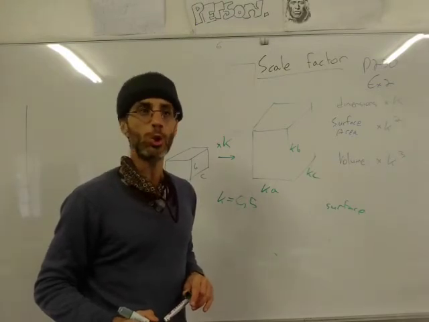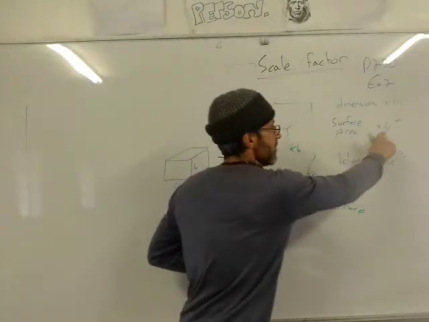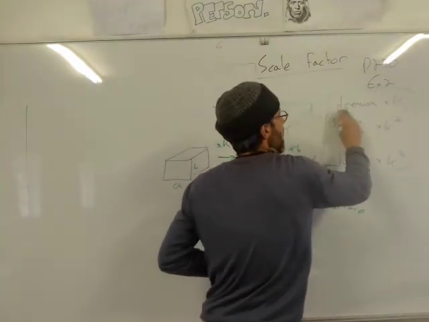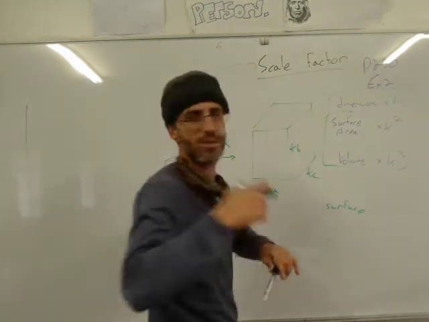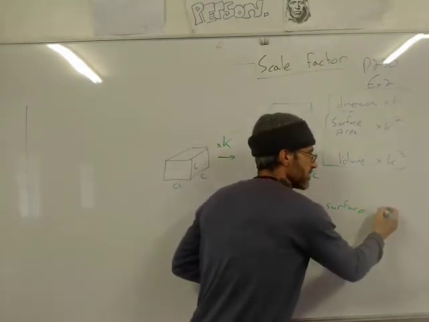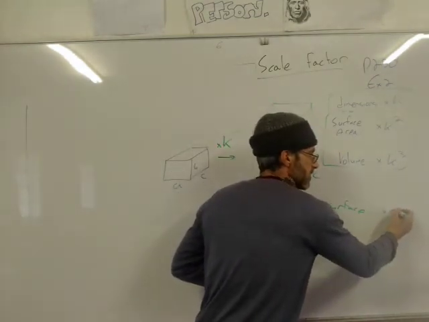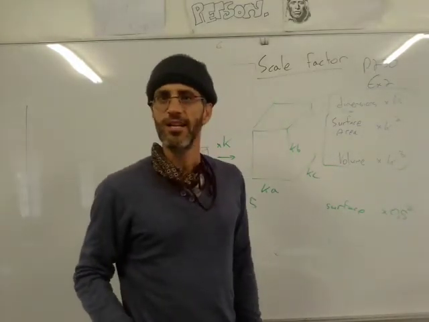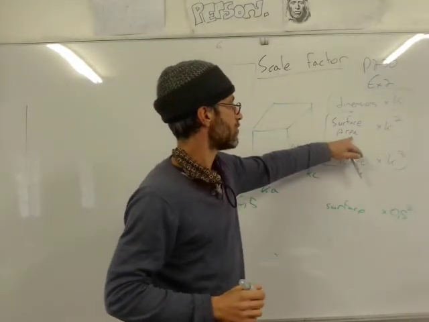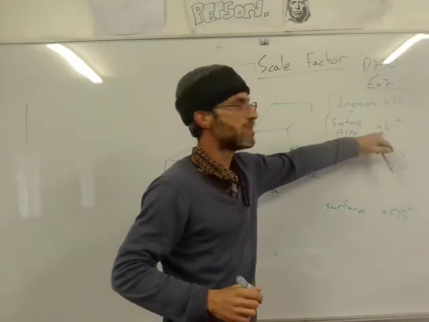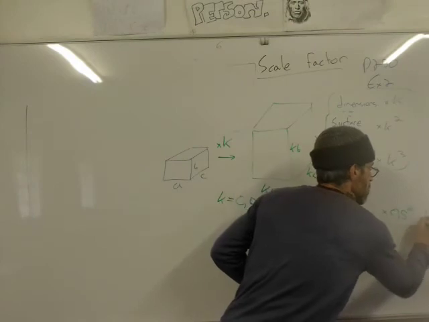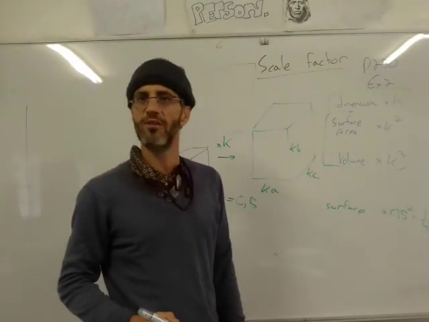What do we times? This is the formula, this is what you've got to remember. We times the dimension by K, the surface area will be timesed by K squared. So we times by 0.5 squared, which is really a quarter, isn't it? 0.25.